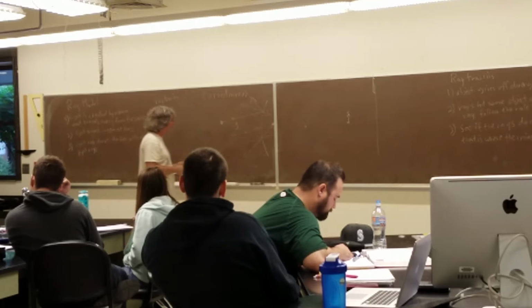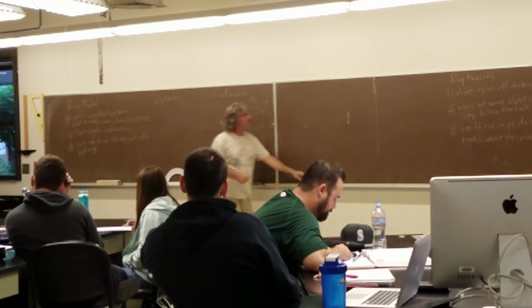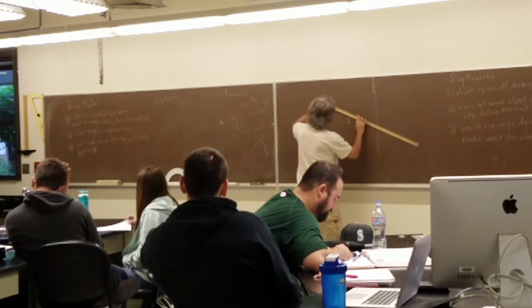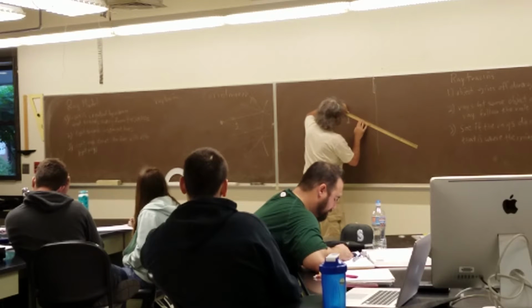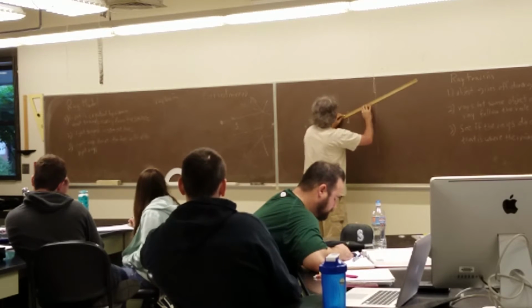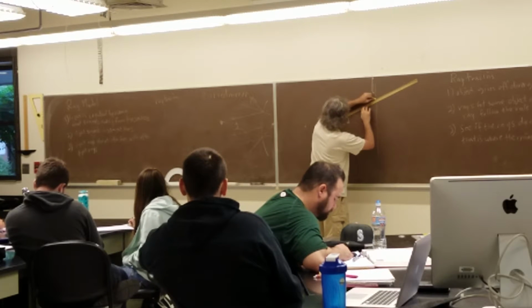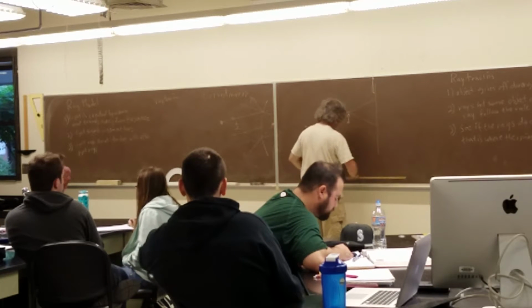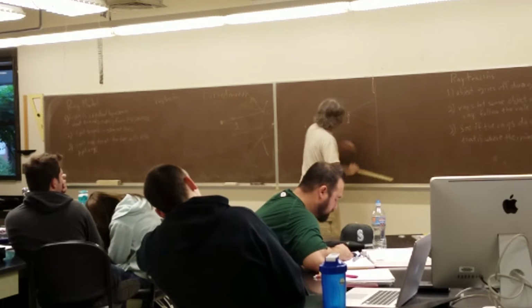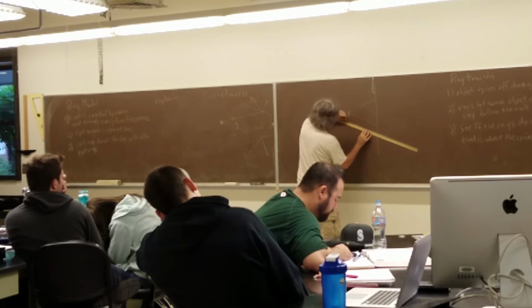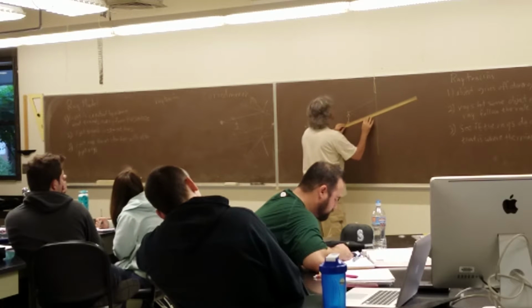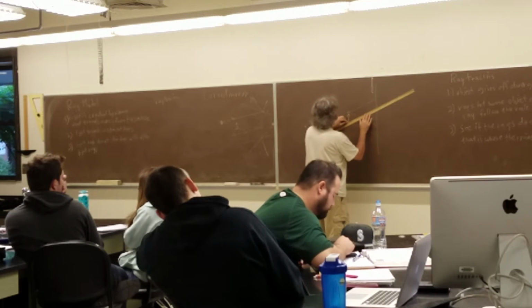If I want to find the image of that, I can draw some rays from this dot, and some rays from this one. I'm going to draw these in yellow. I can draw rays from this dot, maybe in orange.